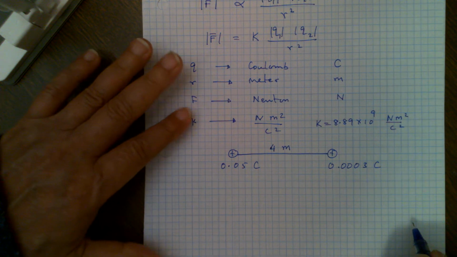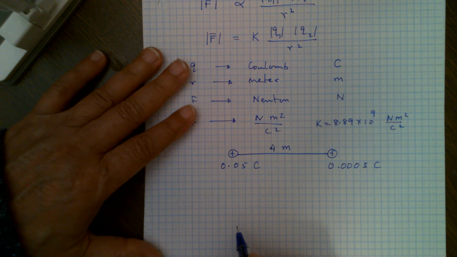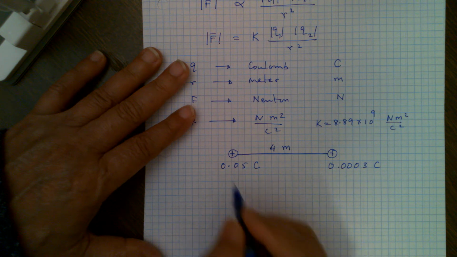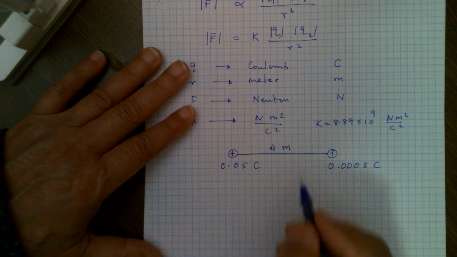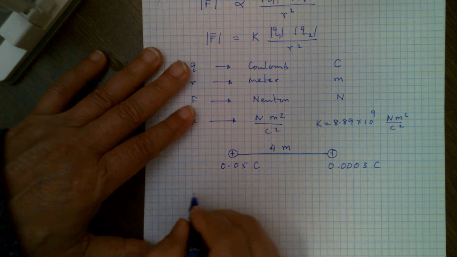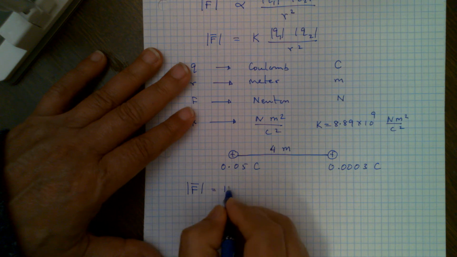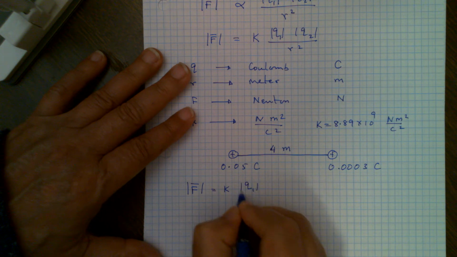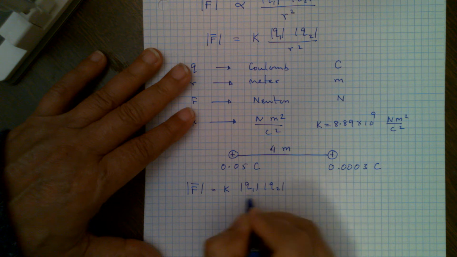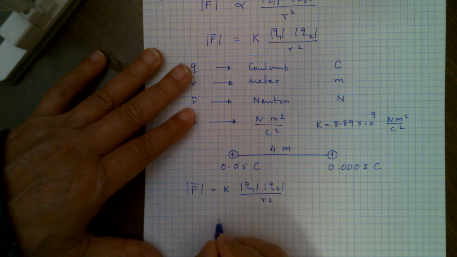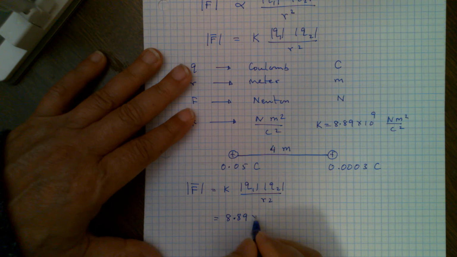Now, let's calculate the magnitude of the force between these two charges. We first write down Coulomb's law: F magnitude is equal to K Q1 Q2 divided by R squared. Now we put in the numbers. K is 8.89 times 10 to the power 9 newton meter squared per coulomb squared.